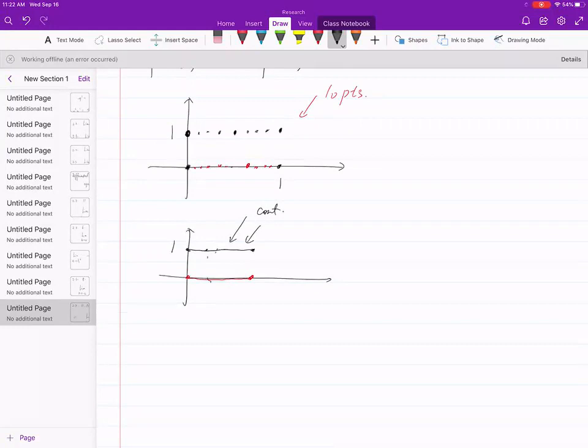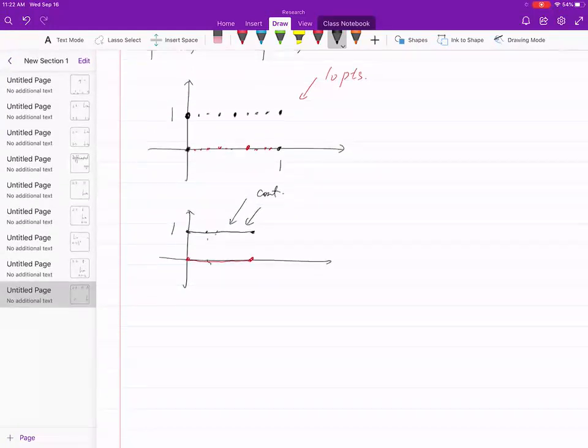Small, really small. Because between any two rational numbers, there's always an irrational number. So the gap is so small that you cannot tell, no matter how much you zoom in. No matter how much you zoom in, it's always dense if you just tell by your eyes. But you know there are infinitely many gaps inside. You just can't see it.